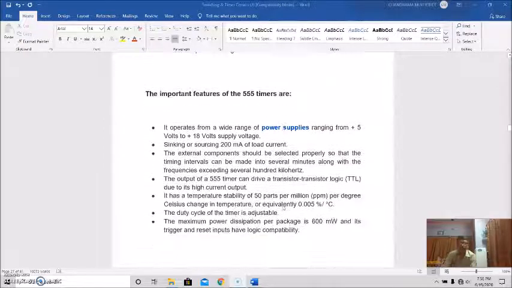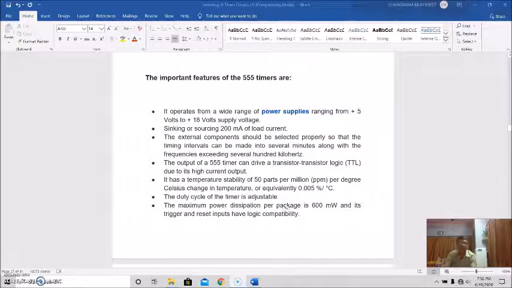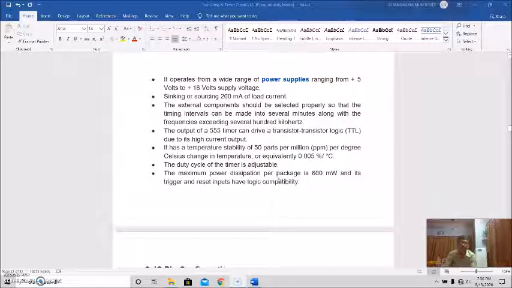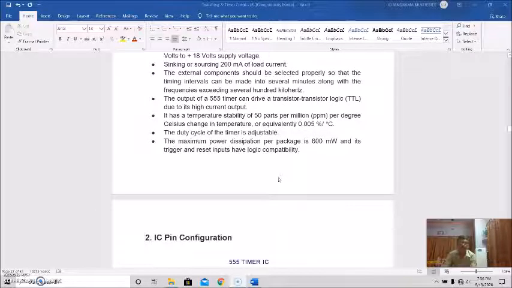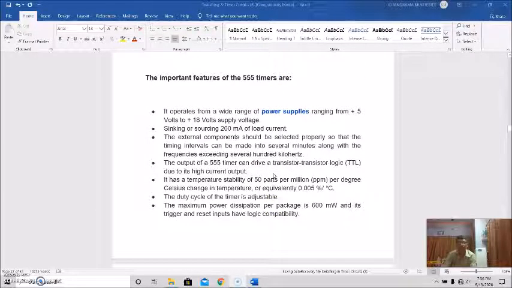Then we discussed the important features, starting from power supply, its operating range, then timing interval which can be made external, then output which can be derived at TTL, temperature stability, duty cycle, maximum power dissipation. These are all the features.